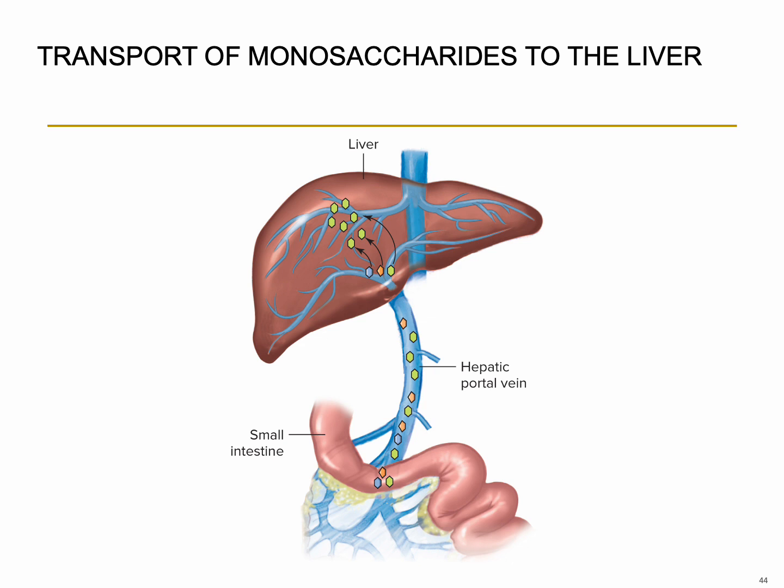That's absorption. So, an important distinction between digestion and absorption. And here we're just looking at going from that small intestine, where the absorption is taking place, through the hepatic portal vein into the liver.